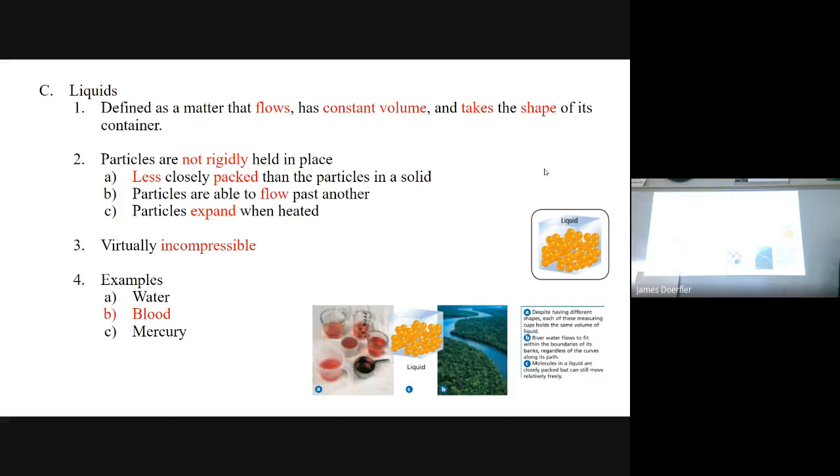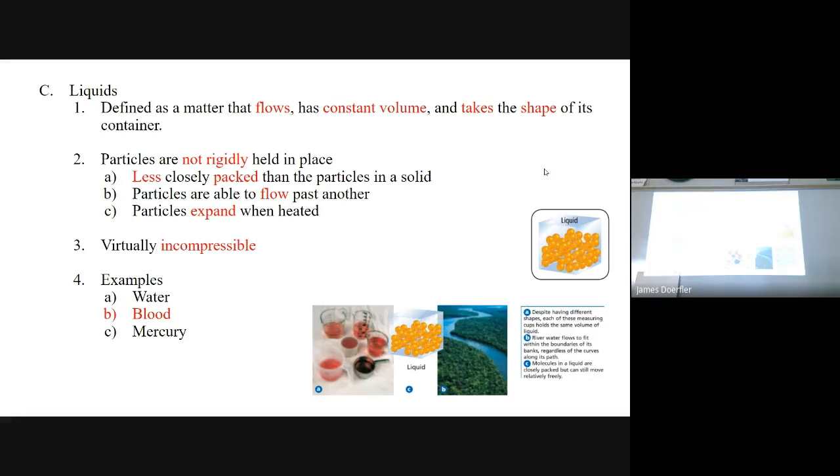Which, because of their looser packaging, if you will, they are allowed to flow past one another, which gives them that fluid appearance.